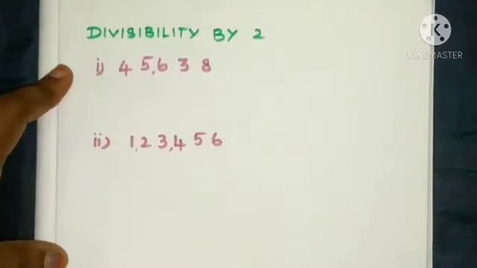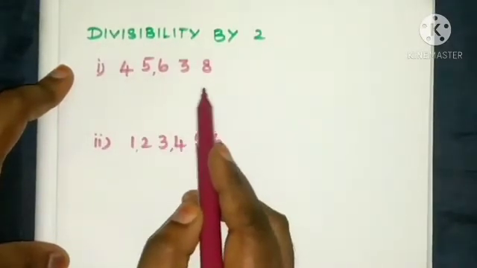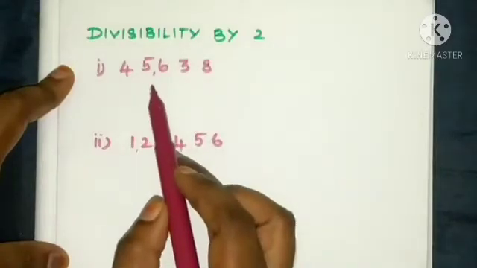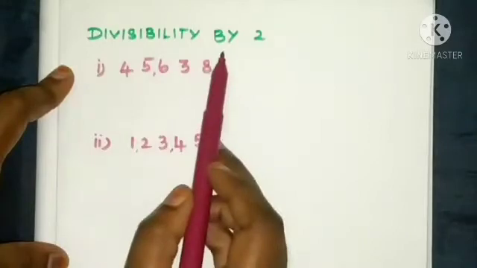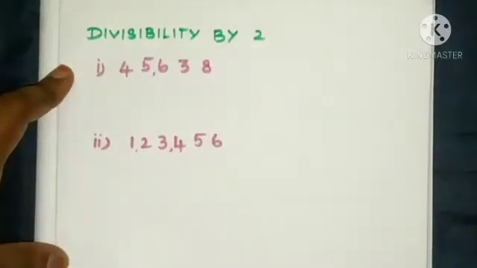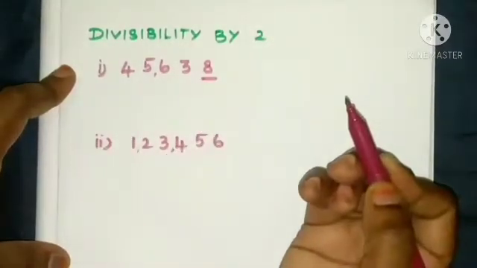For example, 45,638. We have to check whether the number is divisible by 2 or not. See, the rule of divisibility by 2 is a number is divisible by 2 if its ones place is any one of the even numbers like 0, 2, 4, 6 or 8. Here the ones place ends with an even number.